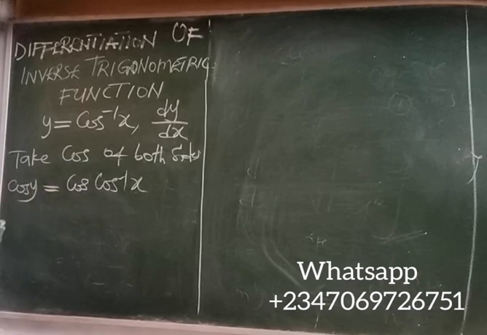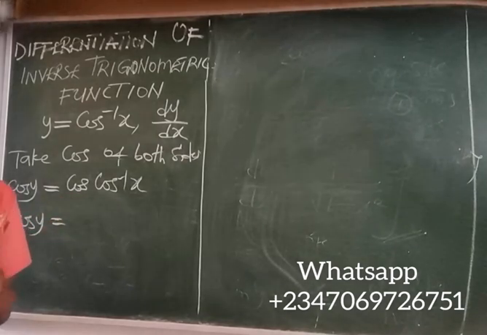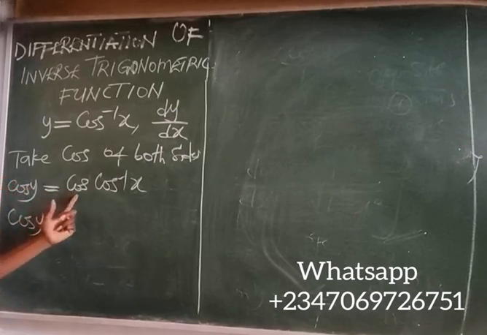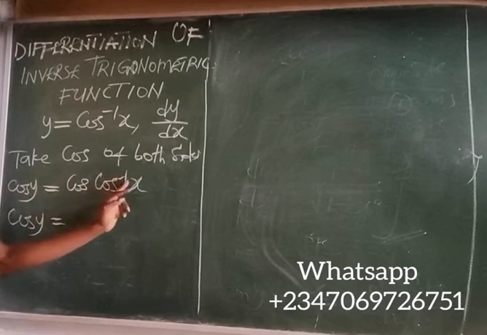And of course, this gives me cos y to now be equal to, and from the law of indices, once I have two values having the same base and multiplying each other, I'll simply pick one of the base and add their powers together. Cos here is raised to the power of 1 and cos here is to the power of minus 1.